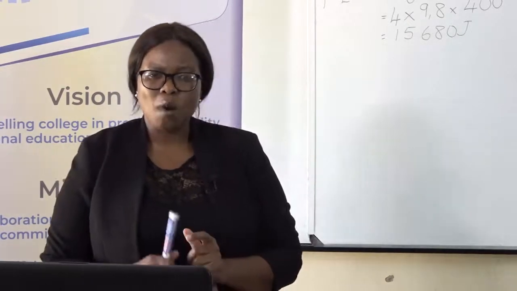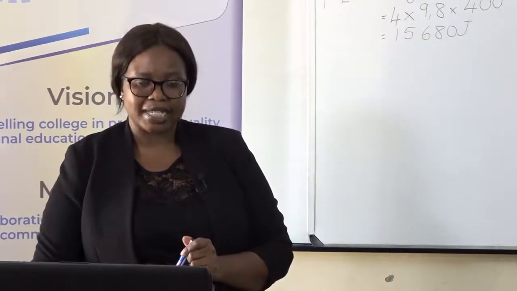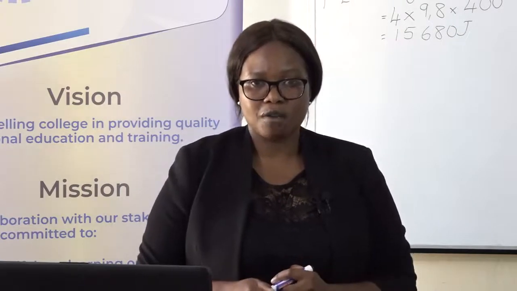But in this regard, according to our question, we calculated potential energy, and we say that potential energy is the energy that the body possesses by virtue of its position or state of strain.